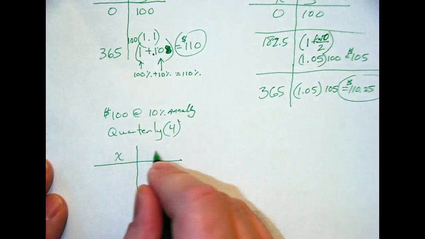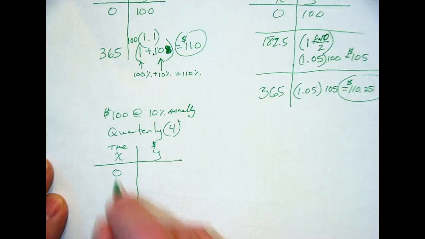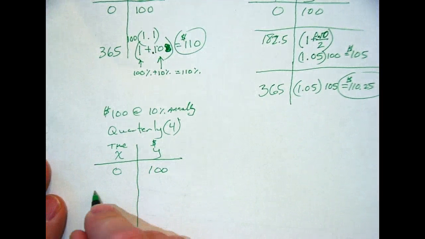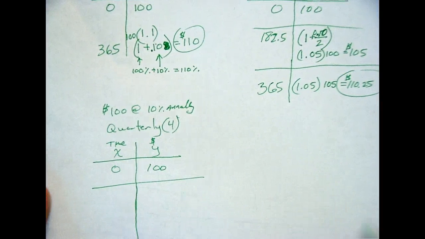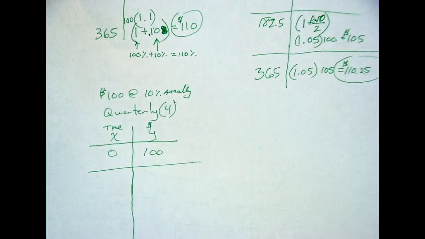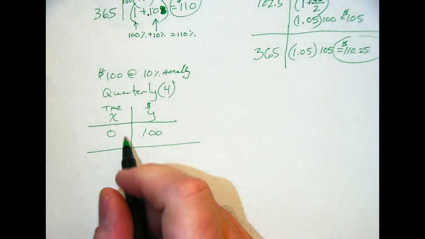So you have your X, you have your Y, which is our time, and our cash. At day 0, we're at 100. Go ahead and figure it out right now on your paper what it would be for the quarterly: how many times you compound, when you compound, and what that money would be worth at that point.